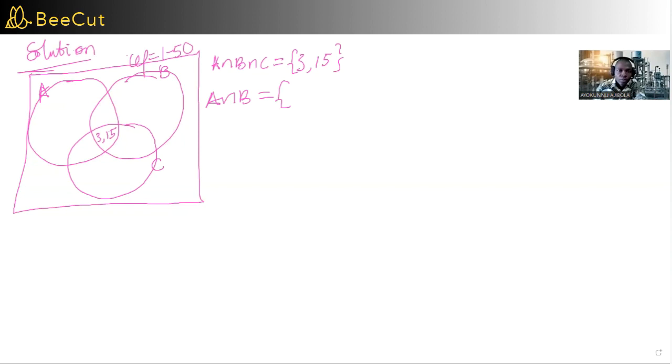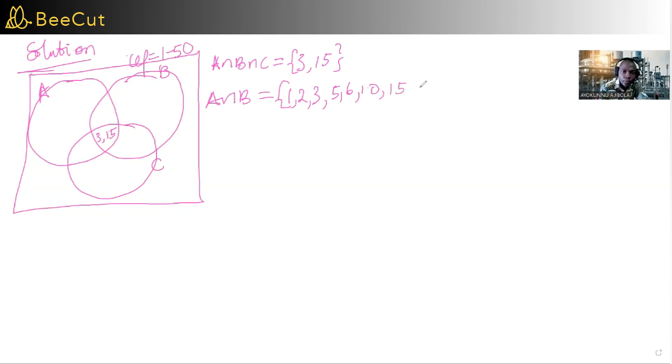So all the factors of 30 that fall between 1 and 20 are 1, 2, 3, 5, 6, 10, 15. They are all in A.